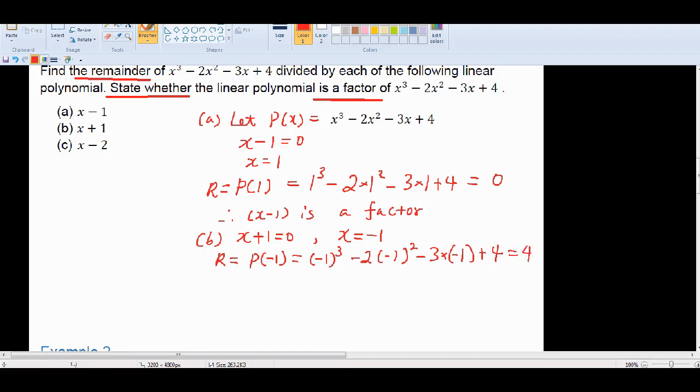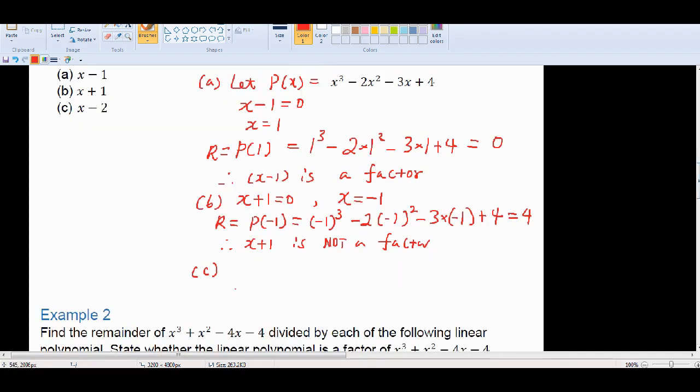So that means the remainder is 4. So the remainder is not 0. If the remainder is not 0, then we know x plus 1 is not a factor of P(x).